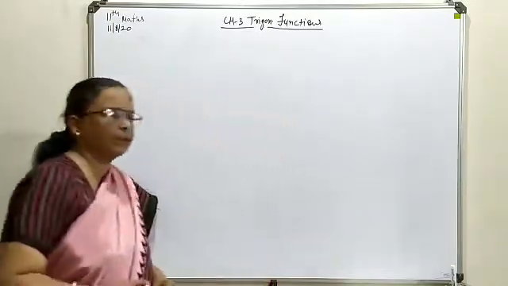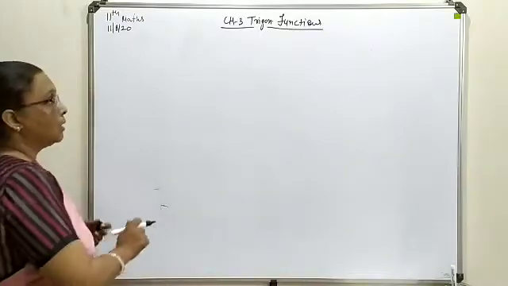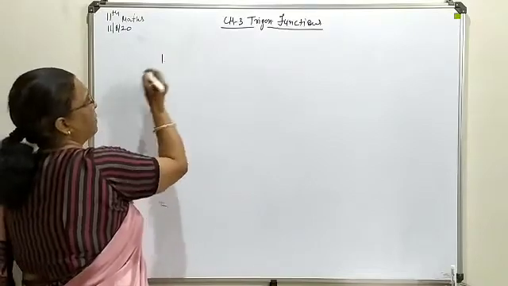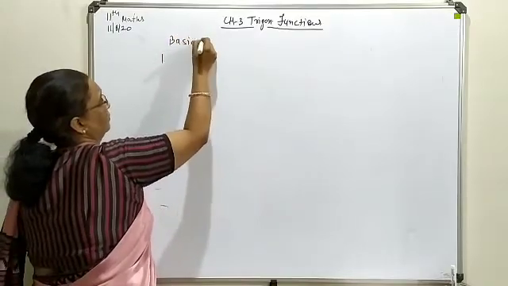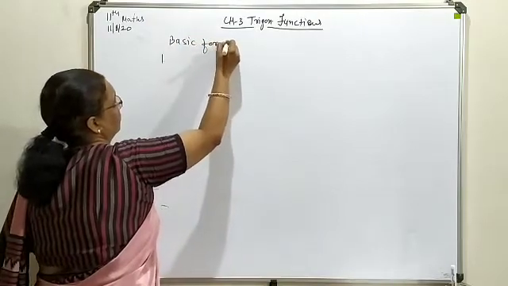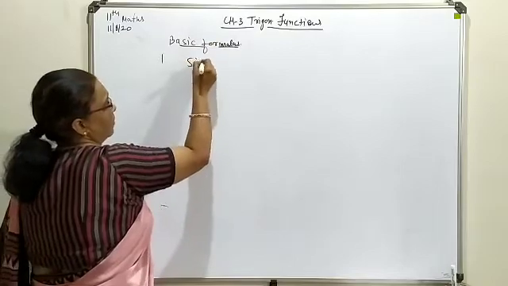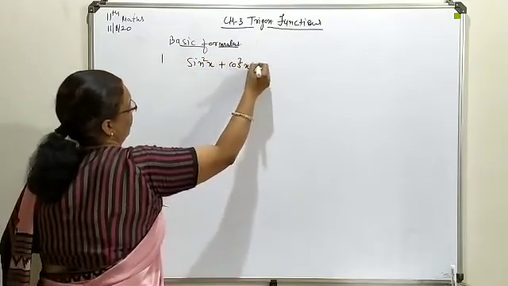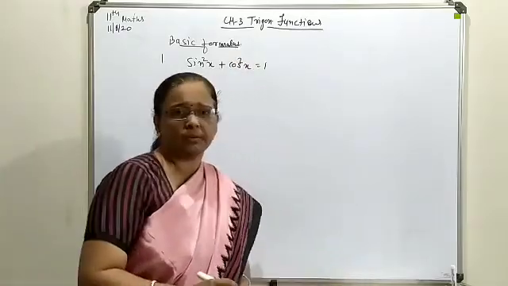Now basic identities or basic relations you can say, and their interconversions. First one, that is a very basic one, many times you have used also. Sine square plus cos square is equal to 1.